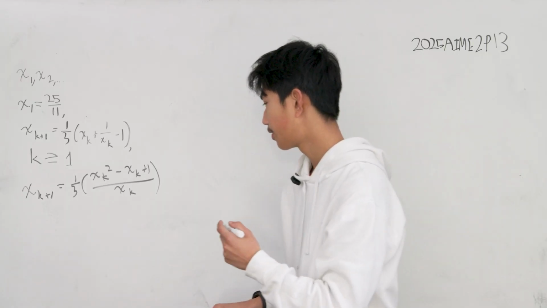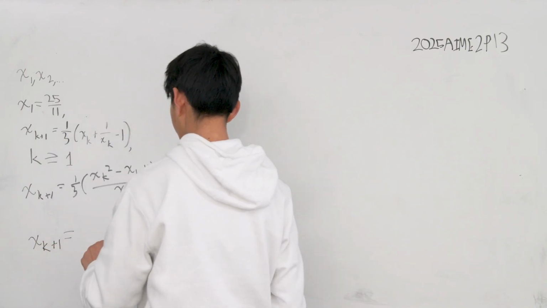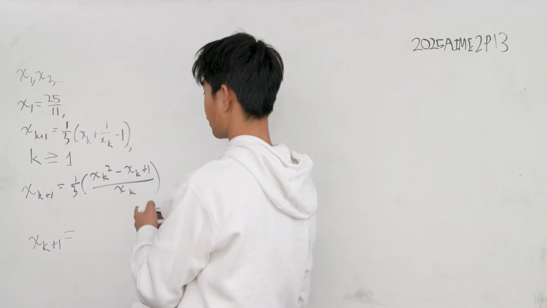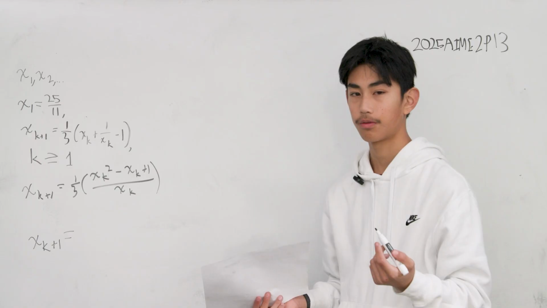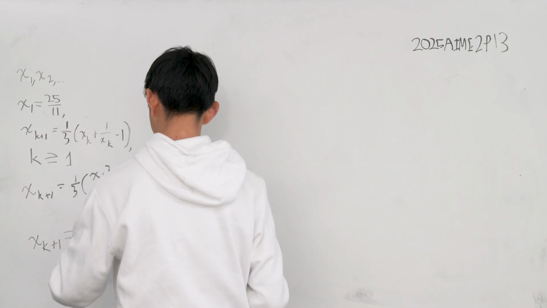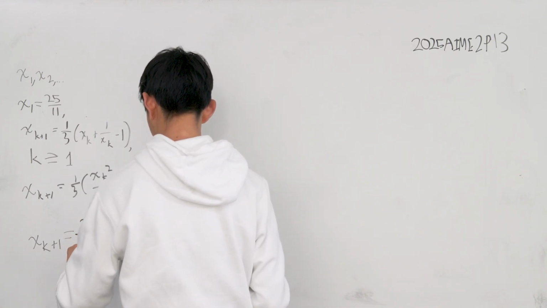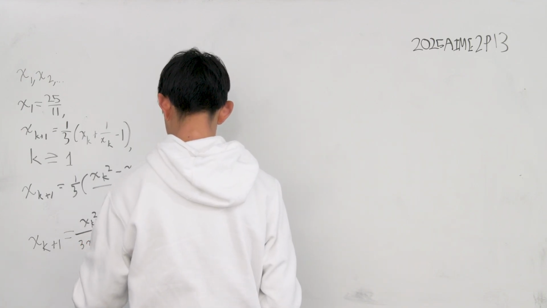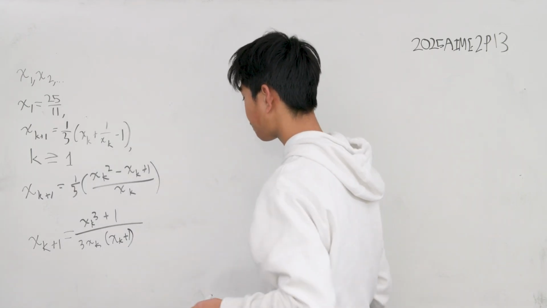So x sub k plus 1 equals, I'm going to put the 3 on the bottom now, x sub k cubed plus 1, all divided by 3 x sub k, and then you have to divide by x sub k plus 1, which is what you multiplied by to get from here to here.